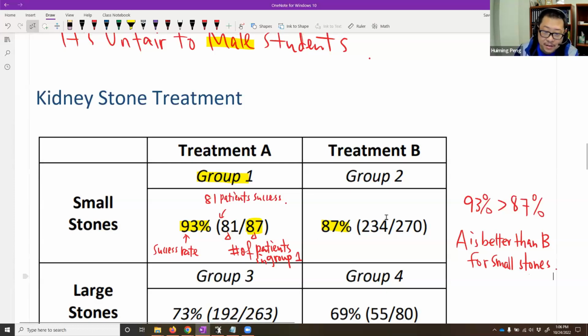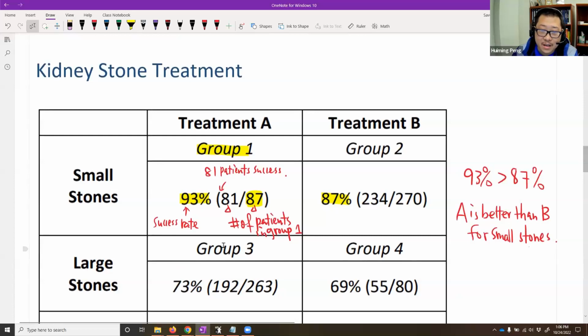Can you do the same analysis for large stones, which is the other row? Let's look at it. Over here, group 3 means large stone patients with treatment A, and the total is 2 CKD3 patients. Out of 2 CKD3, 192 success.